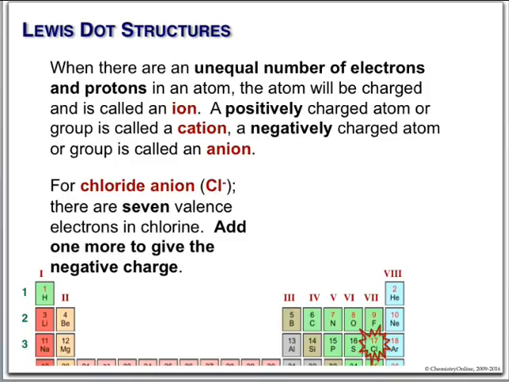So step 1, we would draw our chlorine right here. Now it has 1, 2, 3, 4, 5, 6, 7, group 7, 7 valence electrons, right? So if we just drew the Lewis structure of chlorine, it would look like this.